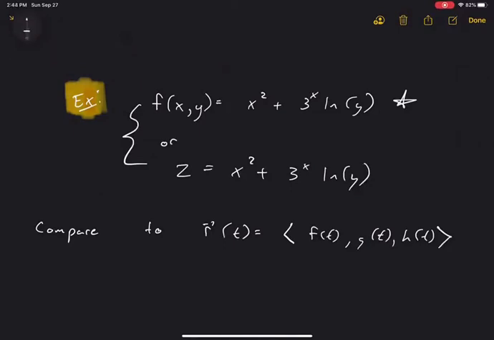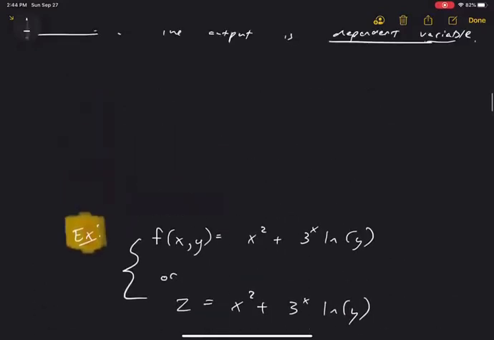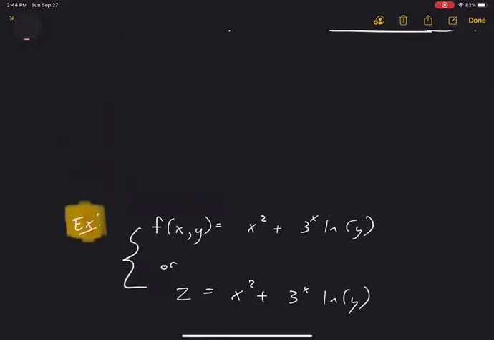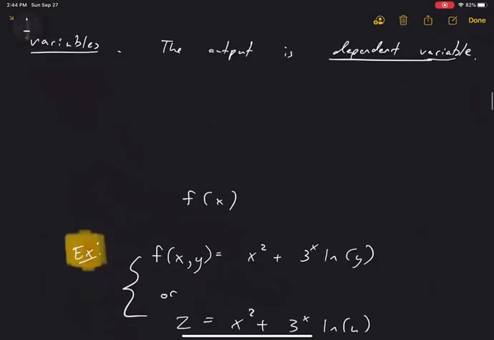Let's compare that to what we maybe saw in Calc 1 and 2. We had f of x, maybe something like f of x equals x squared plus 4x plus log of x.